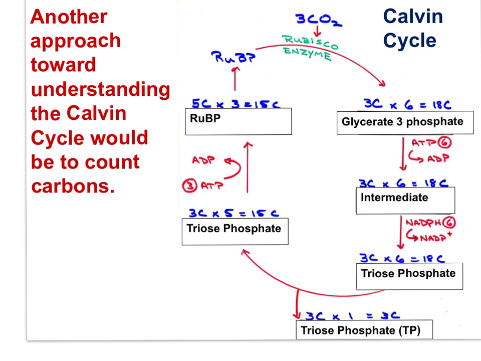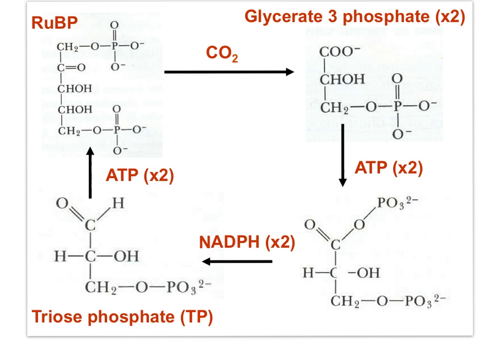Now, 1 3-carbon triose phosphate is removed, leaving 15 carbons in the cycle. Some rearrangement of the 5 triose phosphate molecules results in 3 5-carbon RUBP molecules, 15 carbons ready to start the cycle again.